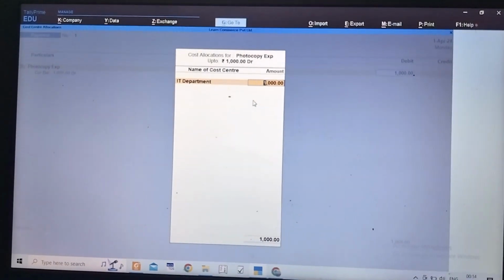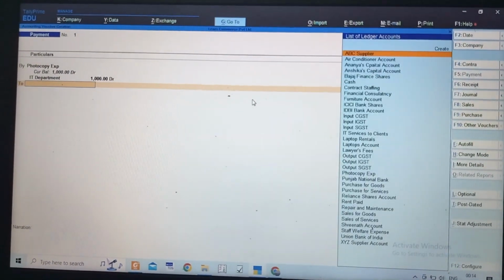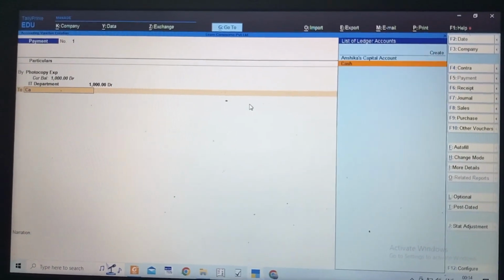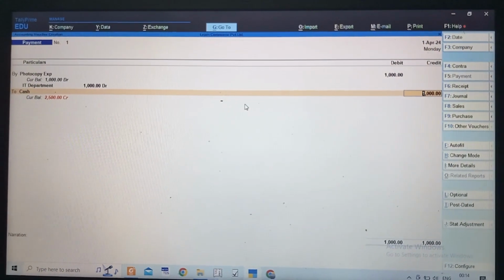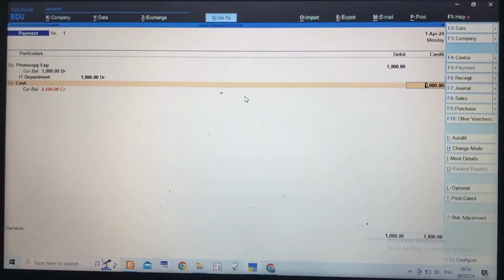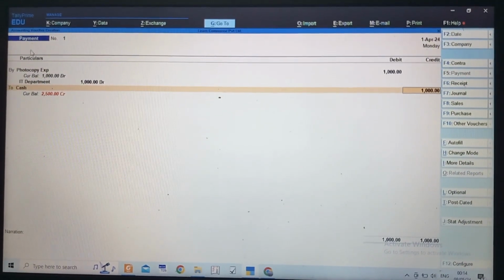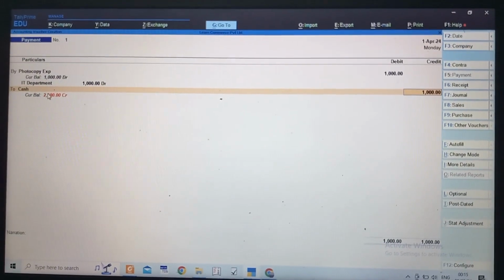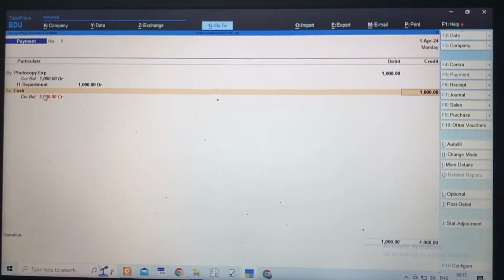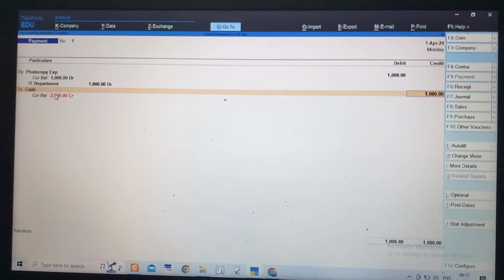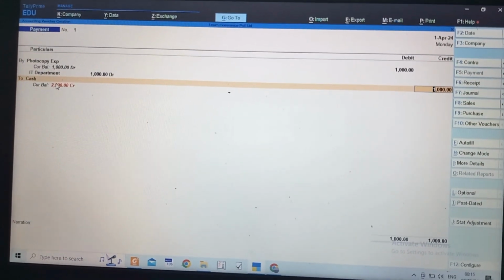Okay, so 1000, and then what is going out is cash. So you understood here payment type of voucher, then photocopy expense account debit, and you got the logic also of journal entry. So friends, you practice with me, you'll get the grip. Thank you.